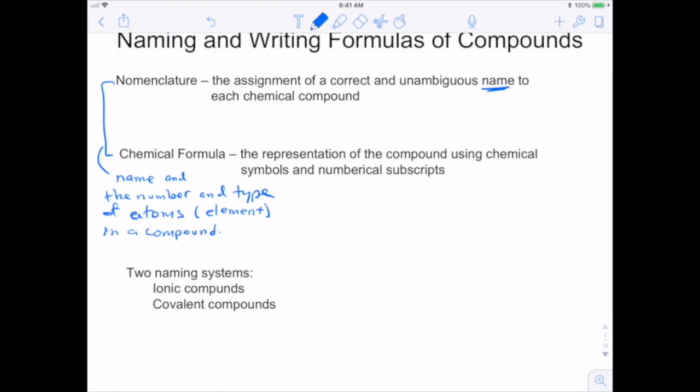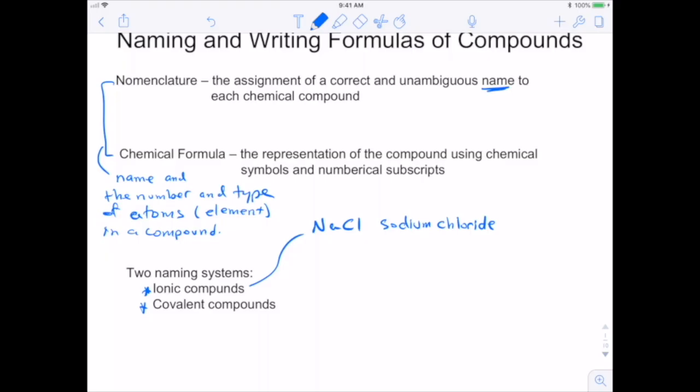And we'll have two naming systems. One will be for ionic compounds and one for covalent compounds. For ionic compounds, and we talked about this a little bit in lecture already, for example, we may have sodium chloride, NaCl. We would write that as sodium chloride, and you'll see why we call it chloride and not chlorine in a little bit.